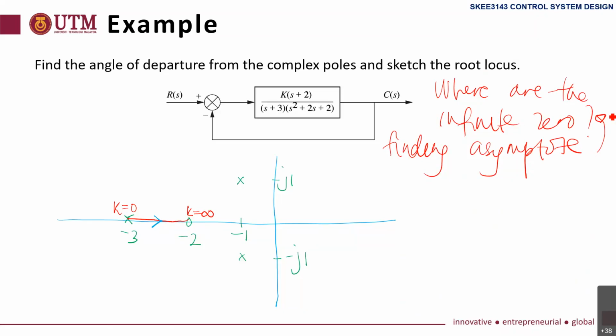The formula for the number of asymptotes is number of poles minus number of zeros. So how many asymptotes do we have? 2, doctor. 3 minus 1.